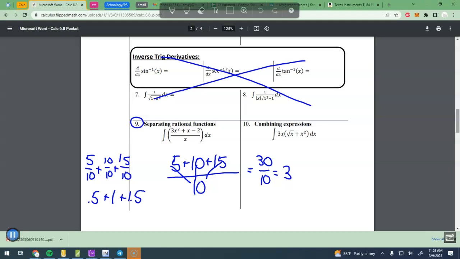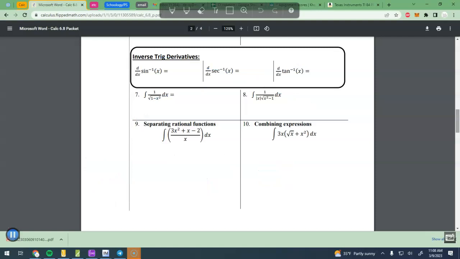So I'm going to rewrite this as the integral of 3x squared over x plus x over x minus 2 over x. Which doesn't look simpler right now, but in a second I can make it look simpler. But that's the rule I'm trying to get you to understand with the 5, 10, 15 thing: you're allowed to do that. You can take that and divide it by the bottom, plus that and divide it by the bottom, plus that and divide it by the bottom, and it's still the same.